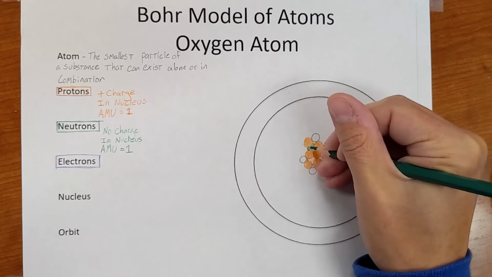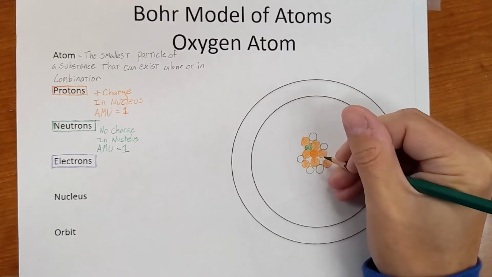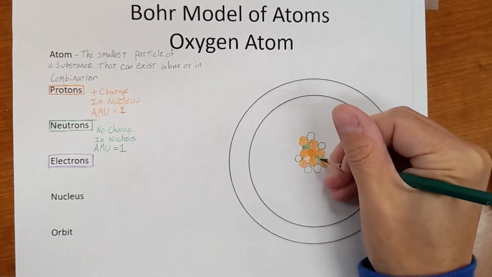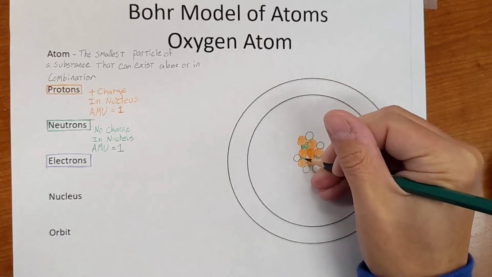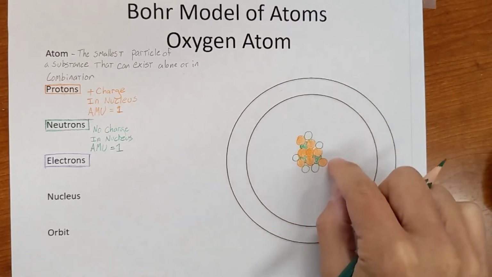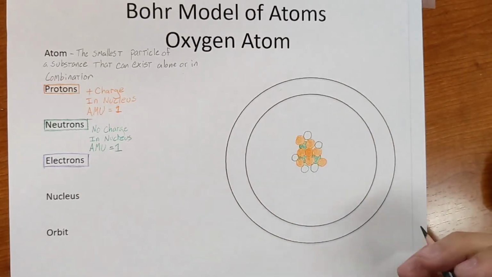So the reason I'm partially drawing these neutrons is to kind of give you the idea that some of these neutrons will exist behind the protons and vice versa. Because really, if we were looking at this in a three-dimensional way, it wouldn't just be a flat bunch of dots side by side. It would be more like a cluster of grapes.